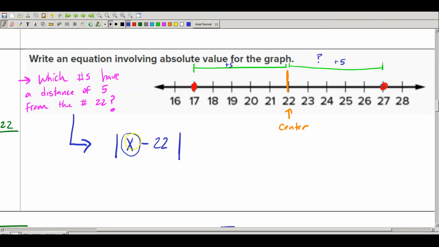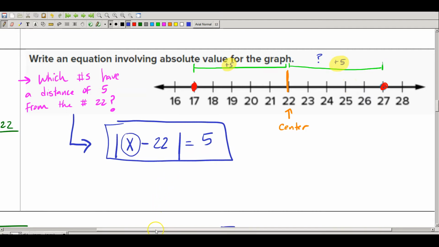The distance between the numbers and the center, 22, we've already established is 5. We already looked here and said both of those numbers have a distance of 5 from the number 22, which is our center. So the absolute value is going to equal 5. And this is our equation to represent those two numbers as an absolute value.